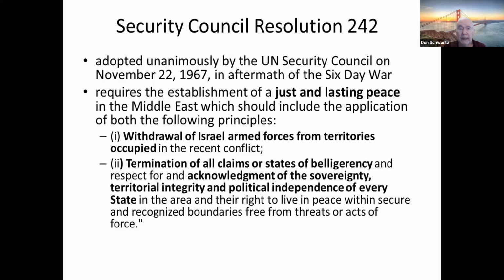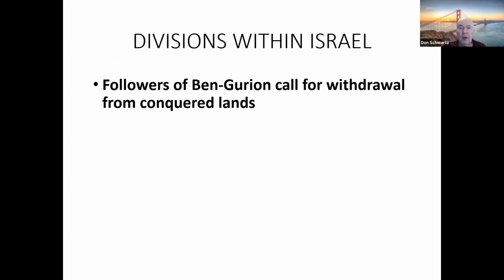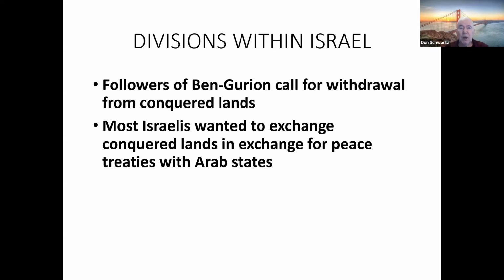Some, including ex-Prime Minister Ben-Gurion, called for a withdrawal from the occupied territories, believing that these territories would become a millstone around Israel's neck. Most Israelis hoped that the occupied lands could eventually be returned in exchange for peace from Arab states.